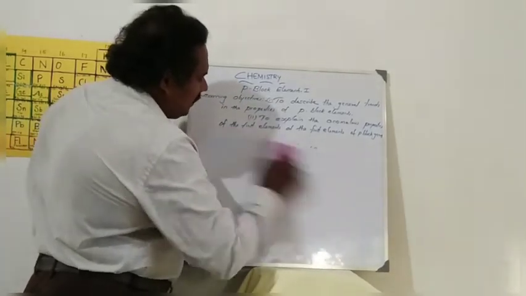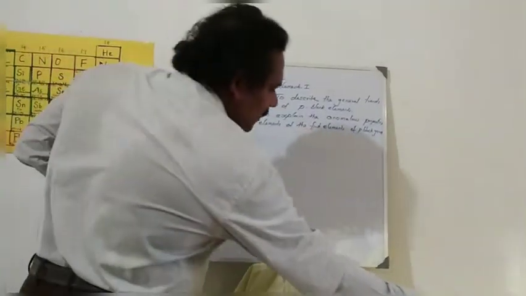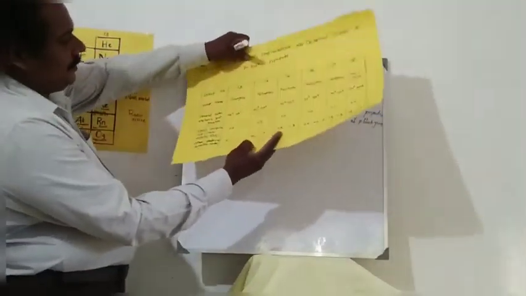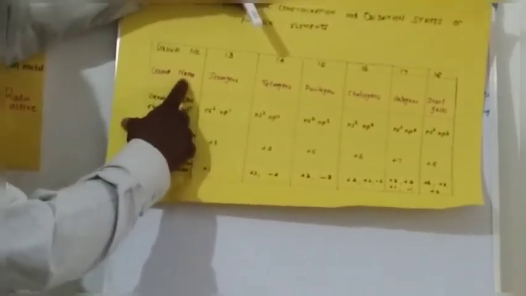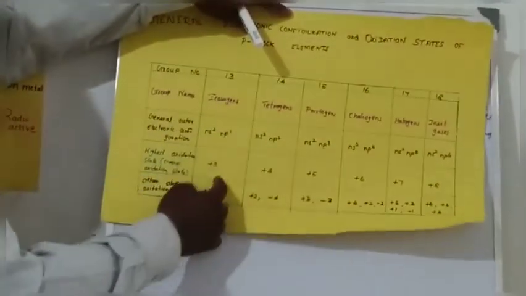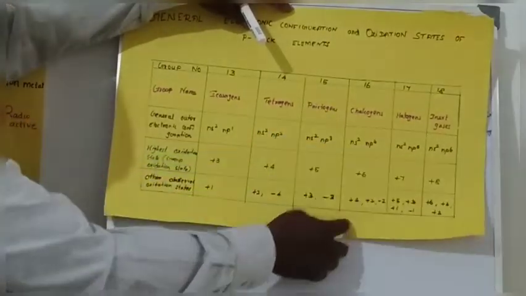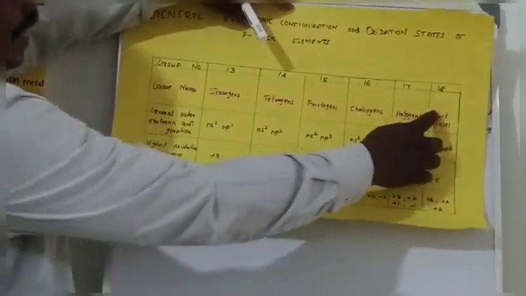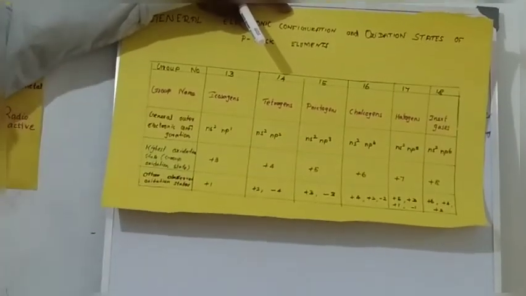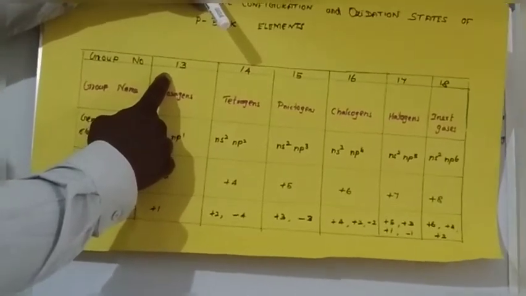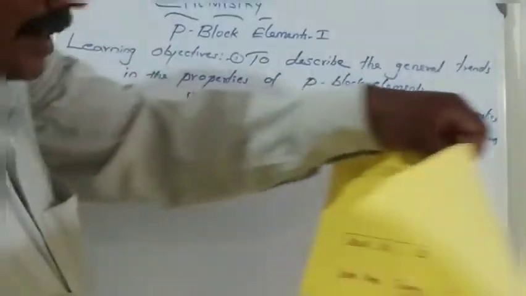First of all, the group names: 13th group, 14th group, 15th group, 16th group, 17th group and 18th group. Here the first group has atomic number 13. Do you know how to write the electronic configuration?